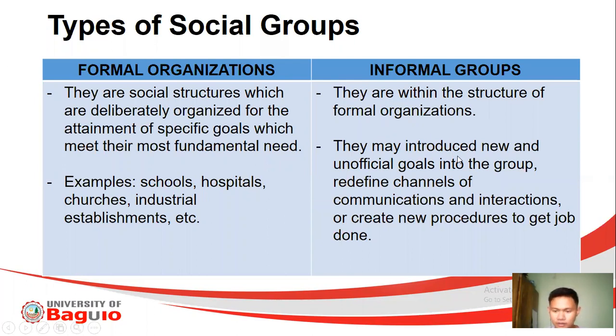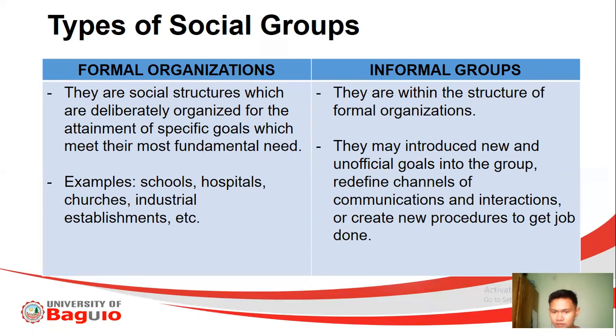And on a general perspective, when you say formal organization, ito yung pinakamalaking organization, or it pertains to the whole organization. See? So next is we have the informal groups. When you say informal groups, they are within the structure of formal organization. Okay?